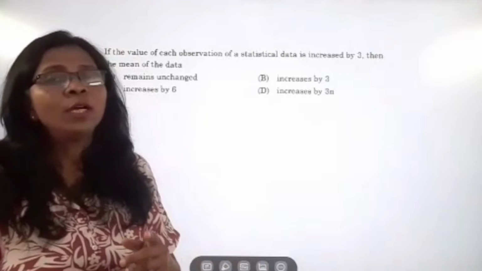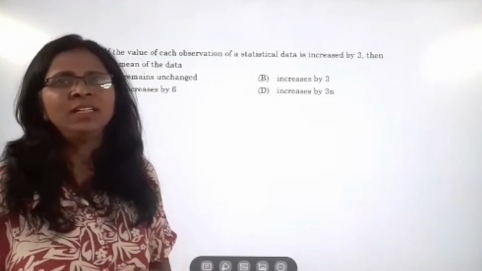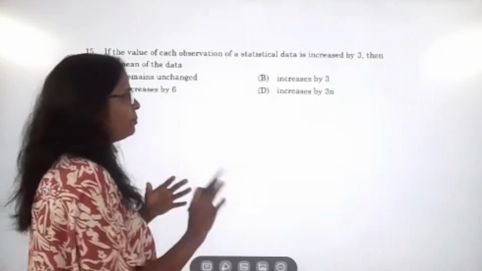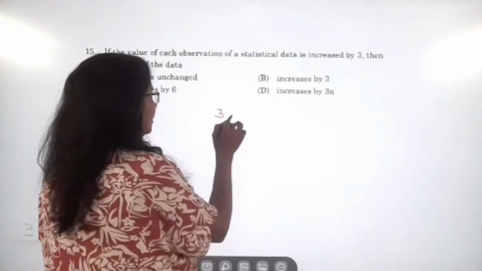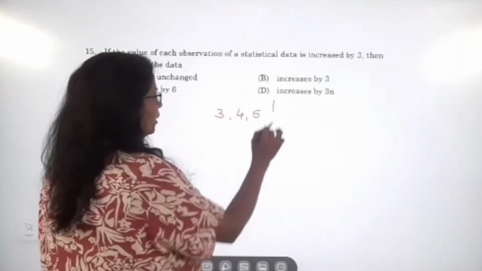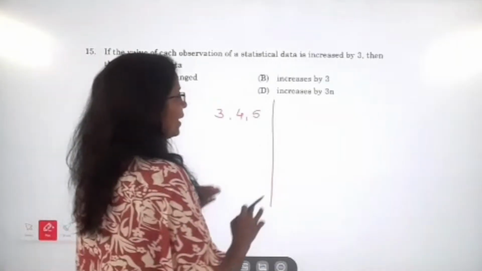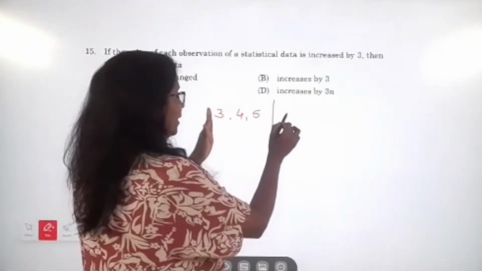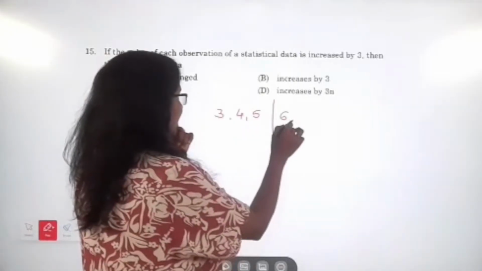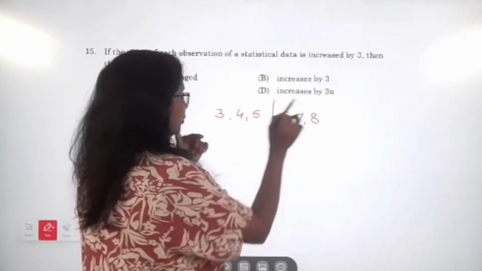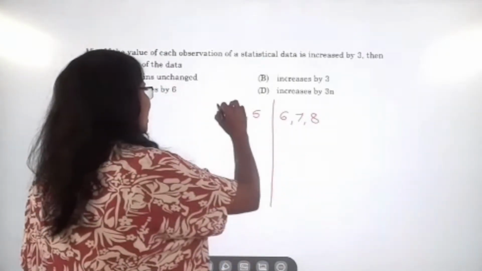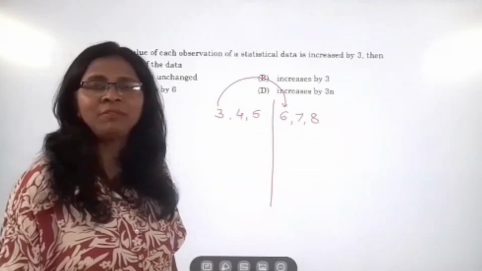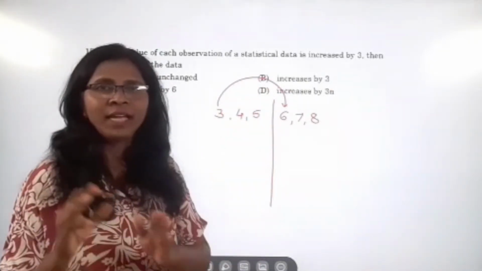First we have to see an example. I randomly took the group 3, 4, 5, which is increased by 3. So that means 3 becomes 6, then 7, and then 8.